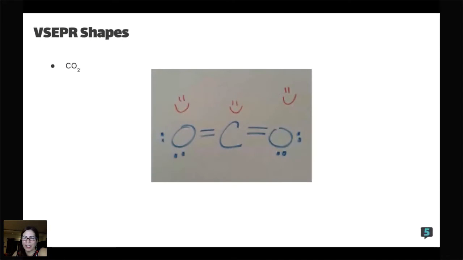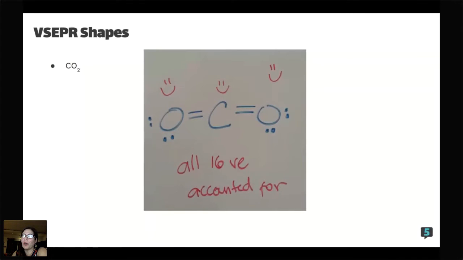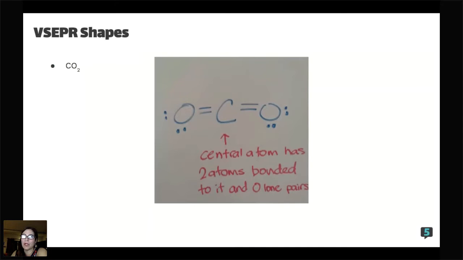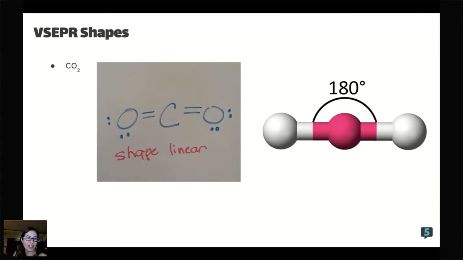Okay, so we're not sure yet, so let's see. The central atom has 2 atoms bonded to it and 0 lone pairs. So the furthest away that they can be from each other is in a linear shape, right? So a linear shape will have a 180 degree angle.